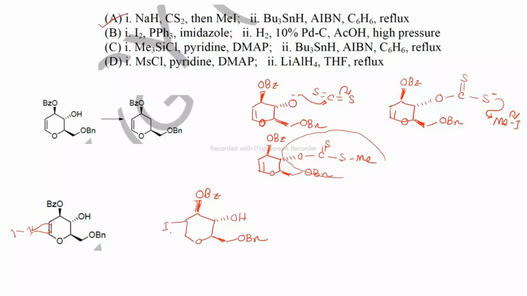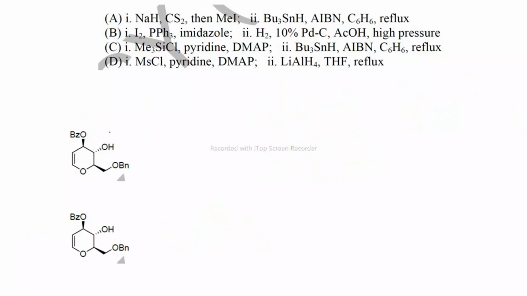Let's say iodonium cation, followed by one iodine will attack. So we'll get the diiodo product. So that's why option B is not the correct option. In the option C, when we treat with Me3SiCl, we'll get the corresponding silyl protection of this.